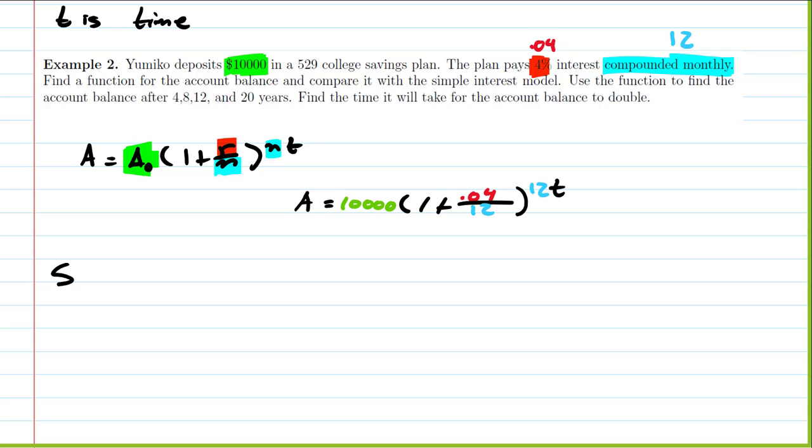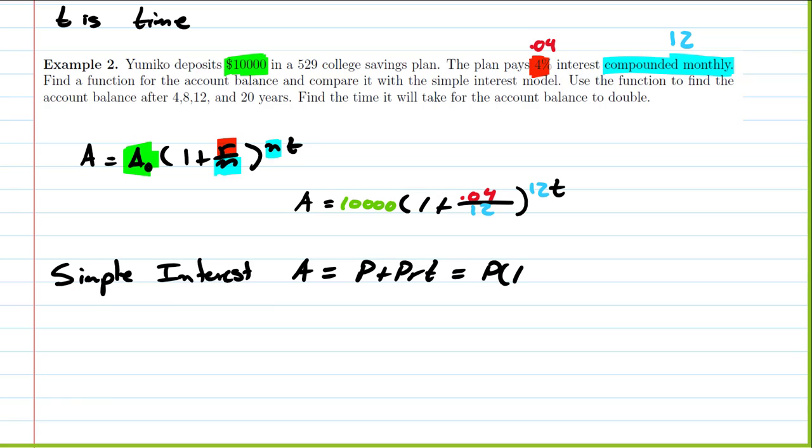For simple interest, we would have A is equal to the account balance plus the simple interest formula. So it's going to be P plus PRT, which we knew was P times 1 plus R times T. So we have 10,000 times 1 plus our interest rate, 0.04 times T.